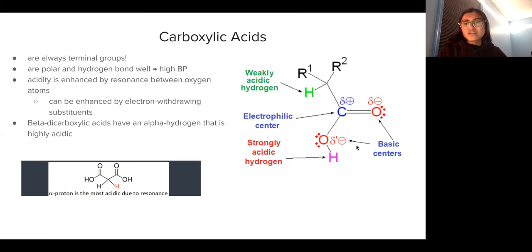Here I've written this is going to be your strongly acidic hydrogen and your basic centers. But if you have something like a beta dicarboxylic acid, this alpha hydrogen is going to be the most acidic due to resonance. So if you were given this molecule and asked what's the most acidic here, it wouldn't be one of these hydrogens, it would be this alpha hydrogen.